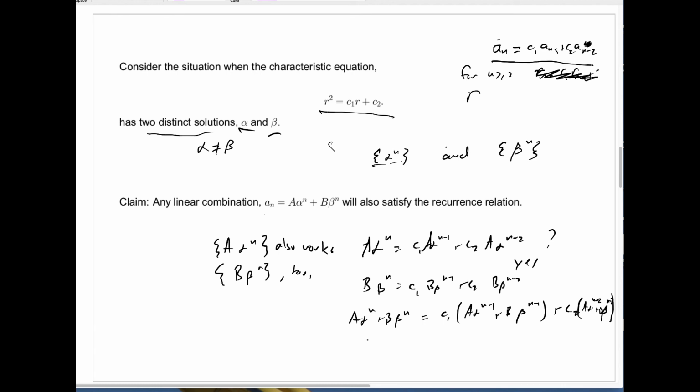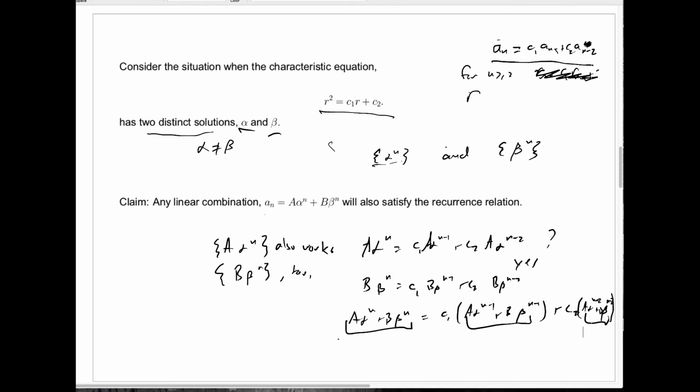Sorry, that's getting messy at the end of the board there. But the point is, if I know it's true for each of these sequences that they satisfy the recurrence relation, then I know it's true for a sequence whose terms are the sums of these, just by adding left and right sides of these previous two equations. So now I've got this whole infinite collection of sequences that satisfy my recurrence relation.